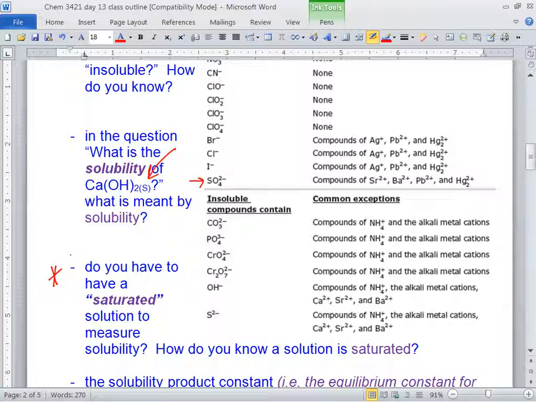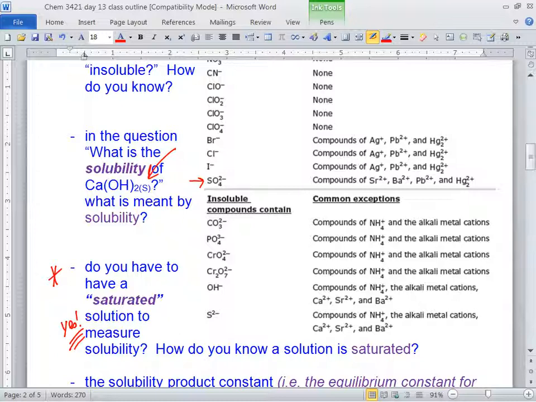Would you have to have a saturated solution to measure solubility? Yes. The answer is yes. Right? Because you need to have an equilibrium situation going on.